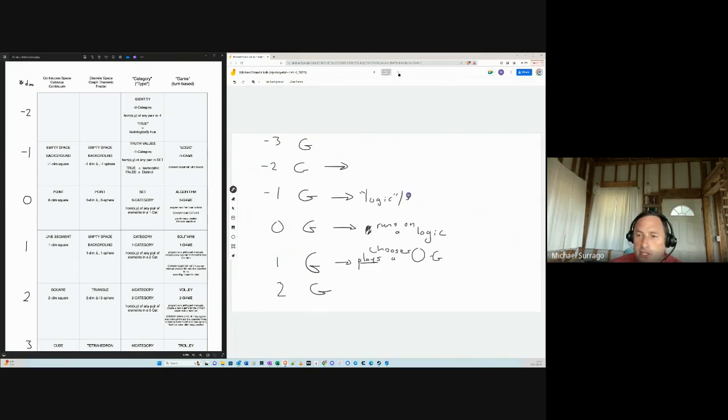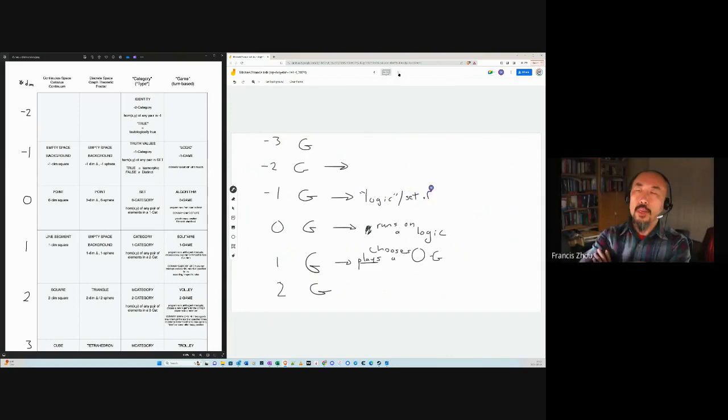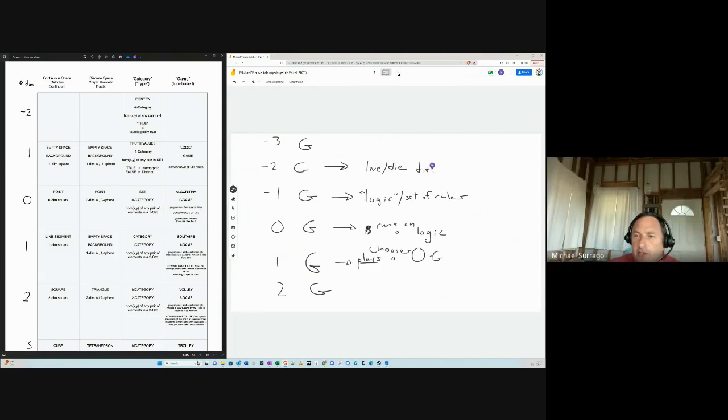It's a set of rules of gameplay, really a set of algorithms that determine state transition. And the key is that the -2 category is the live-die distinction. Because the set of rules plays out, in other words, a set of rules is a permutation of the live and die distinction.